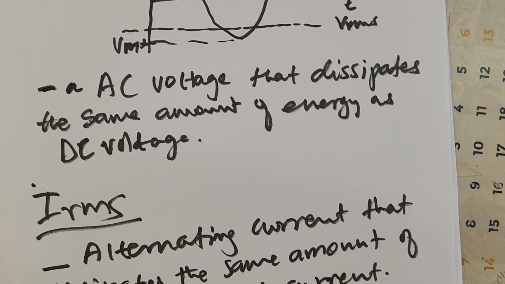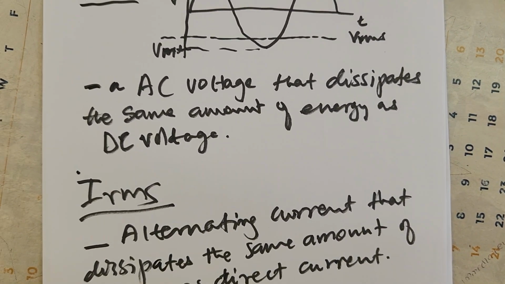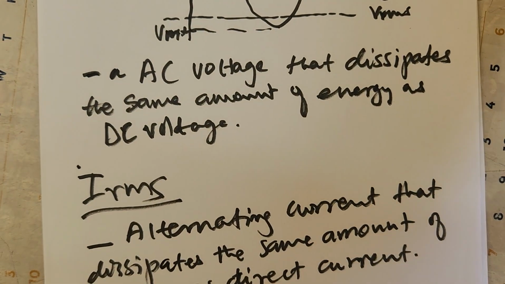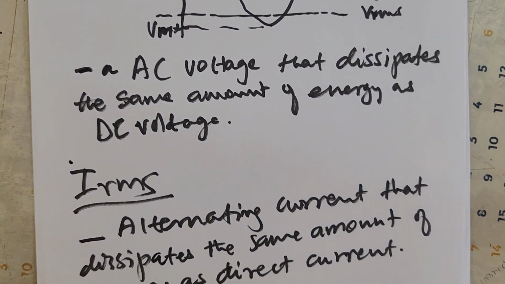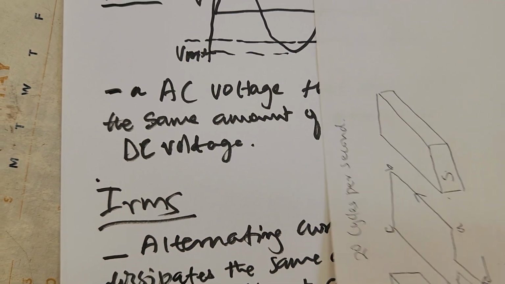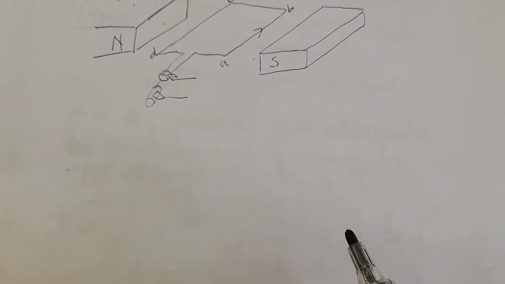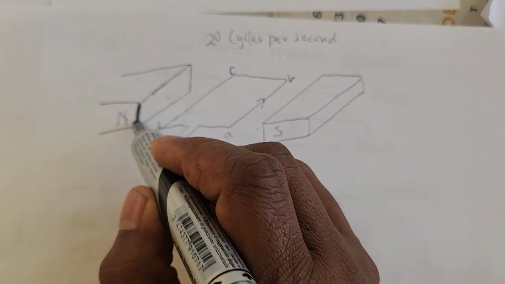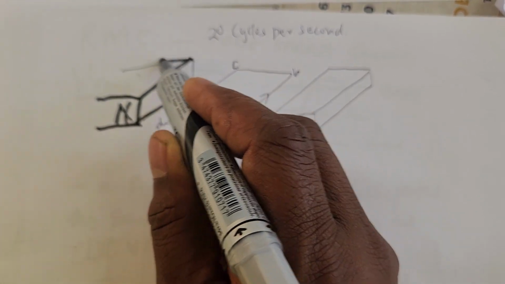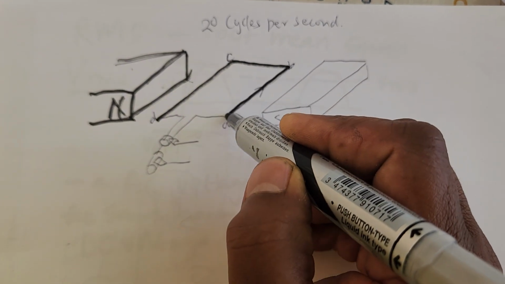Now let's talk about an activity where we can put to the test the skills we have learned. Here is the question. Hope you can see we have the magnets and a coil.